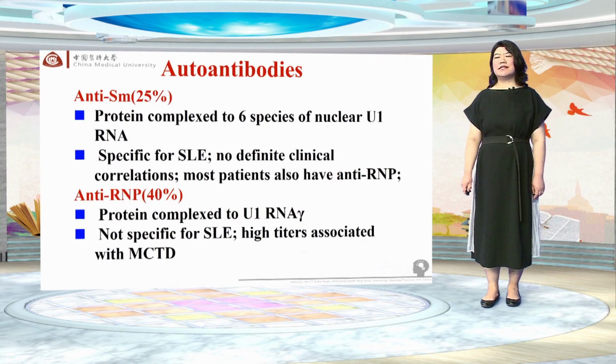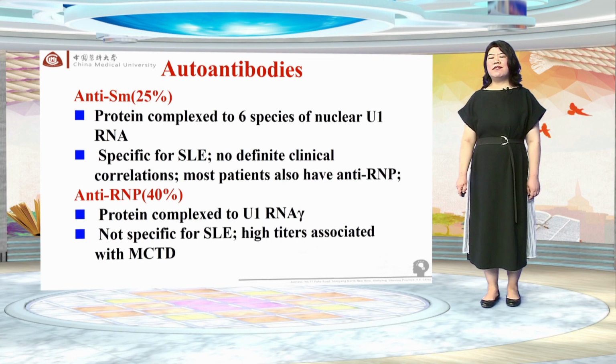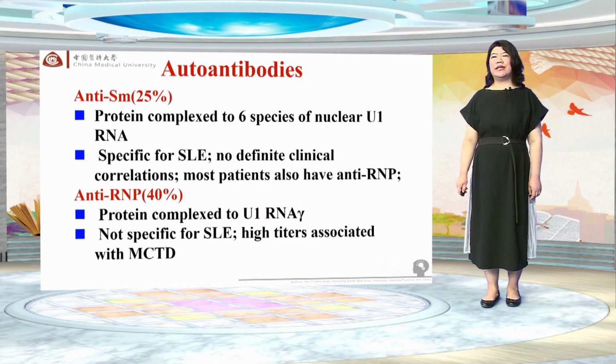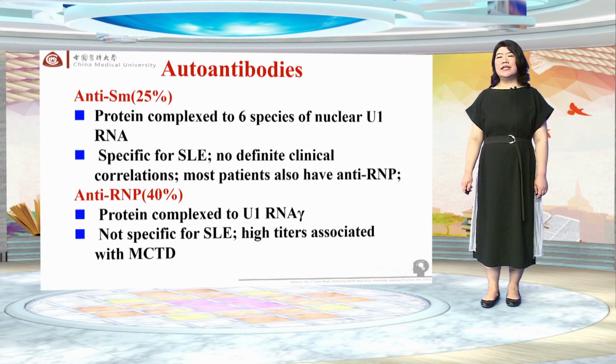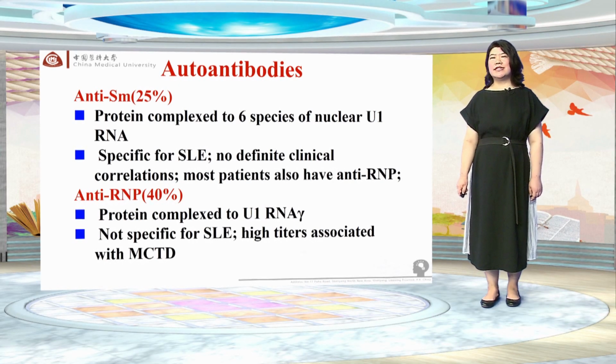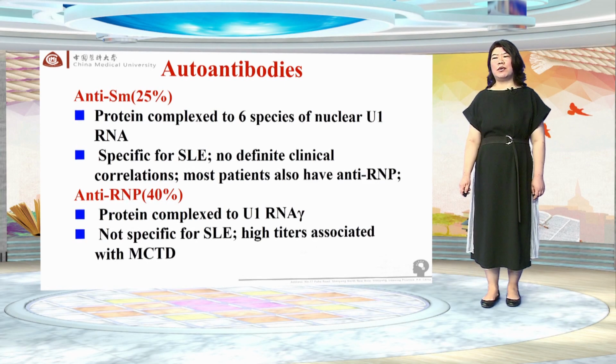The next one is anti-Smith antibody. Nearly a quarter of lupus patients may be anti-Smith antibody positive. The antigen is a protein complex bound to nuclear RNA. Anti-Smith antibody is also specific for lupus, just like the anti-dsDNA antibody.